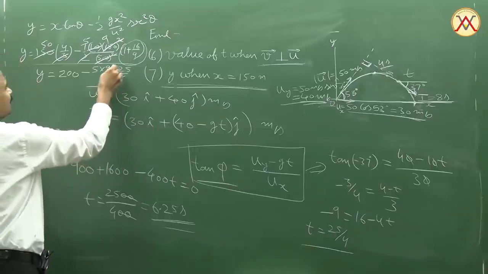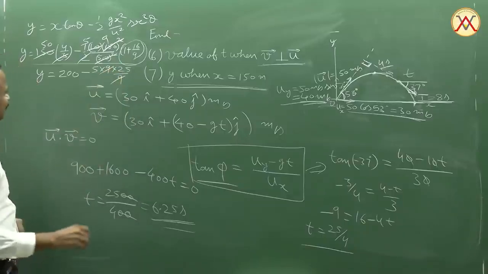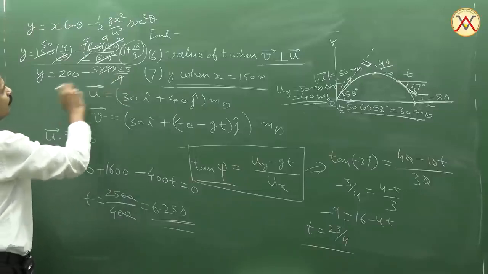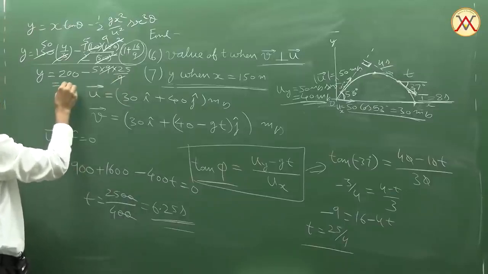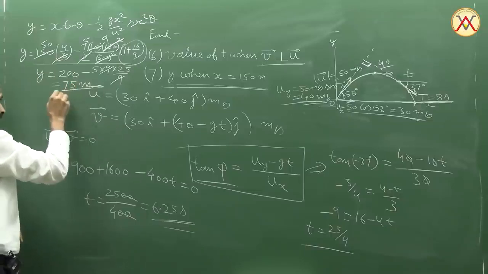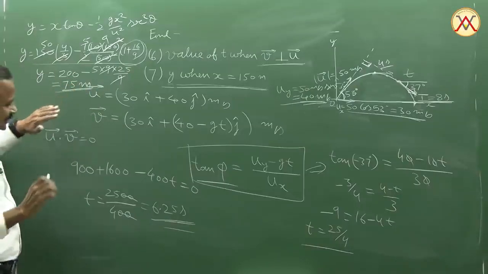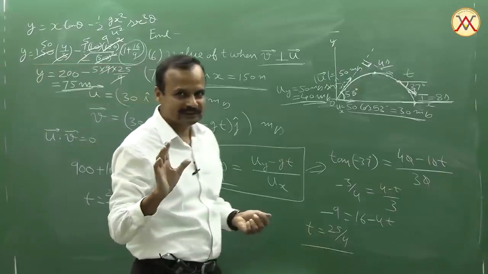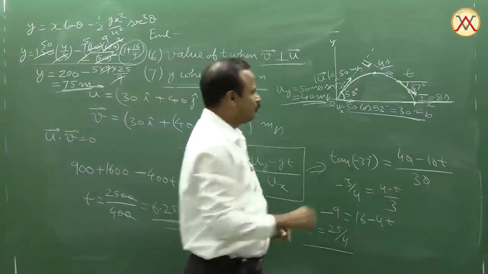So 9 goes here, so 200 minus 125, so we get y as 75 meters.